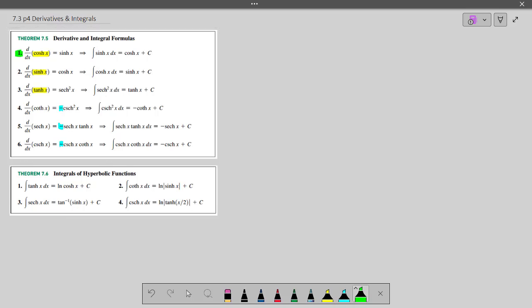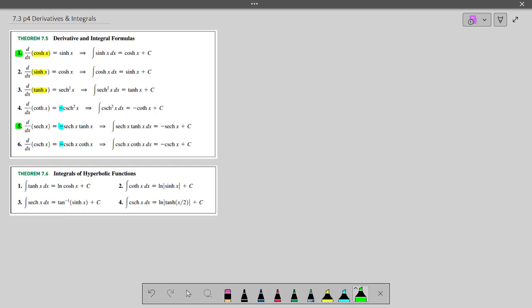That one and that one. Because the derivative of cosine is negative sine, the derivative of secant is secant tangent. But here we just have to remember that top three are positive, bottom three are negative. But the functions in there line up with the circular functions.